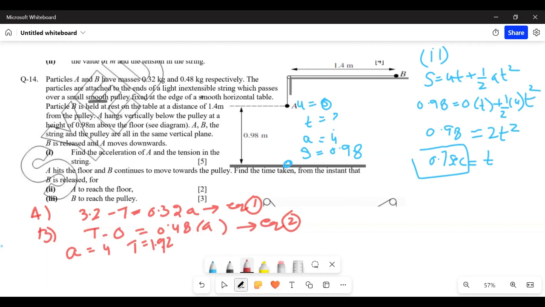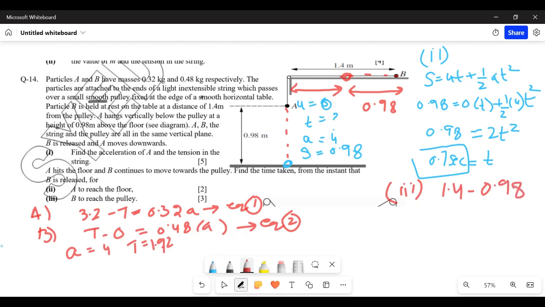Next is find the time taken from the instant that B is released for B to reach the pulley. Okay, so first, A has covered this much distance in 0.7 seconds, so B will cover the same distance in 0.7 seconds. So let's say B came here, we know this distance would be the same, 0.98, and then we can find the remaining distance from 1.4 minus 0.98.